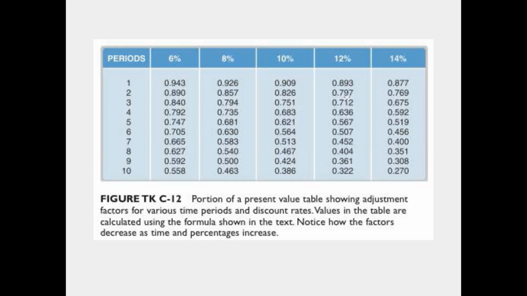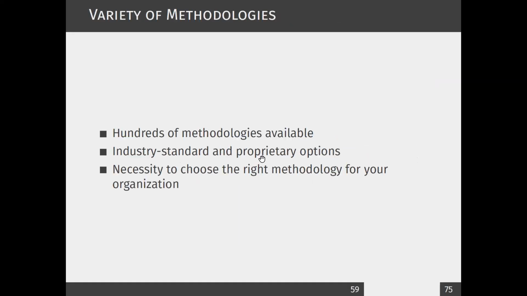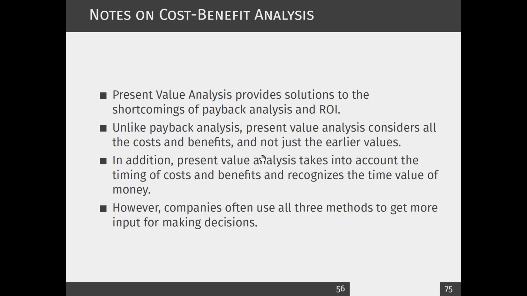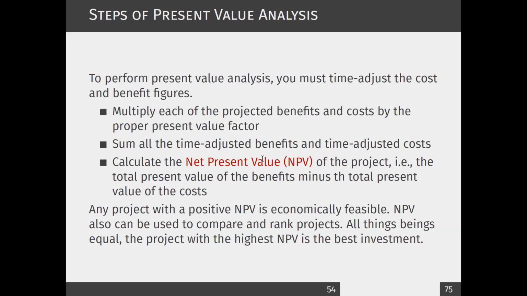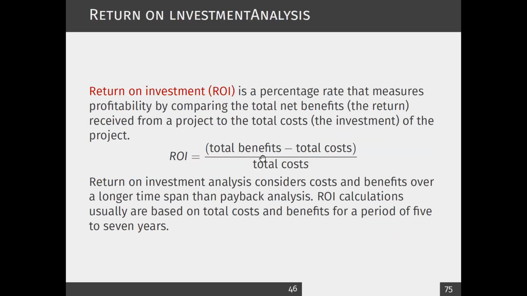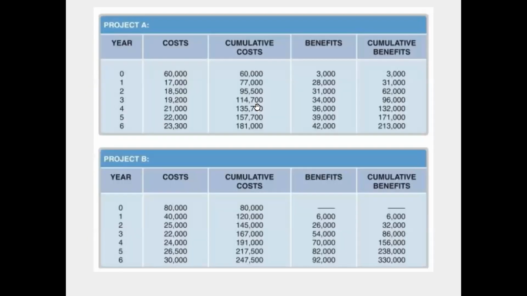So let's write this down. How many years do we have? We go back. Right, A and B. So let's put up our costs first. For project A, initially we have 60,000.